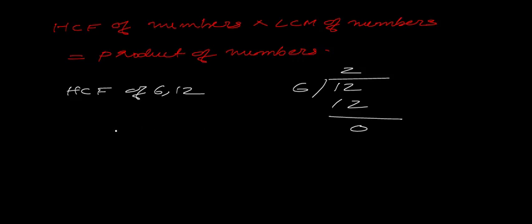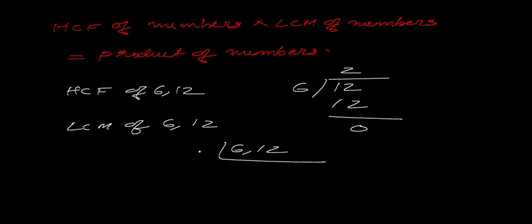Now, what is the LCM of these two numbers? LCM of 6 and 12. Let us use the division method to find that. 6 and 12. Dividing by 2, we get 3 here, 6, again 3, 1, 2.